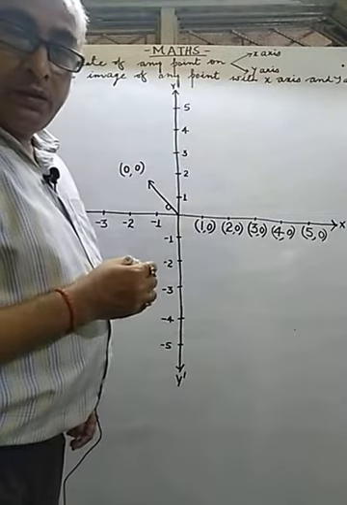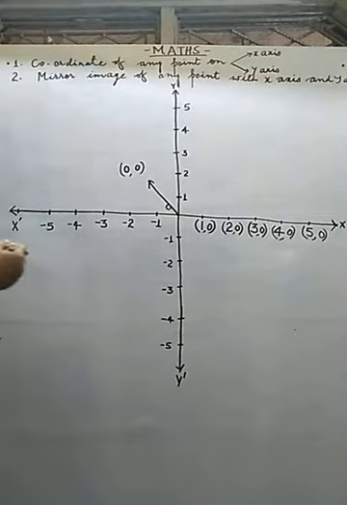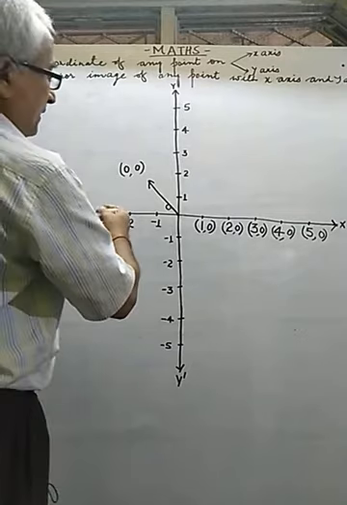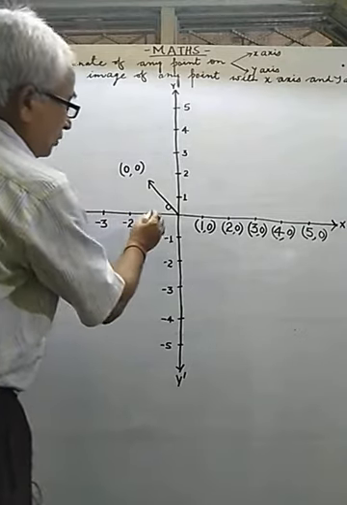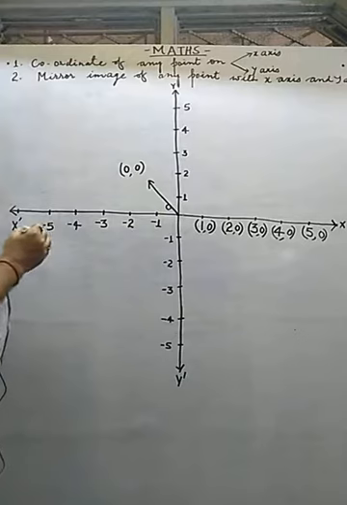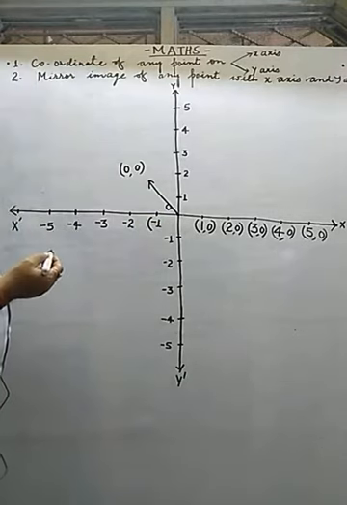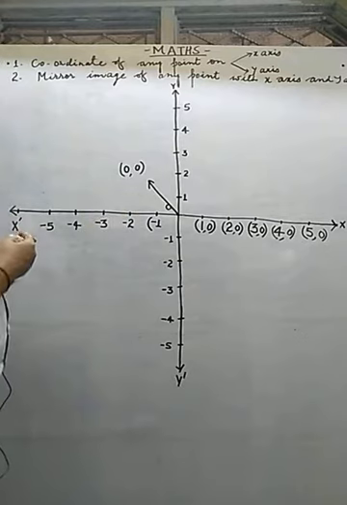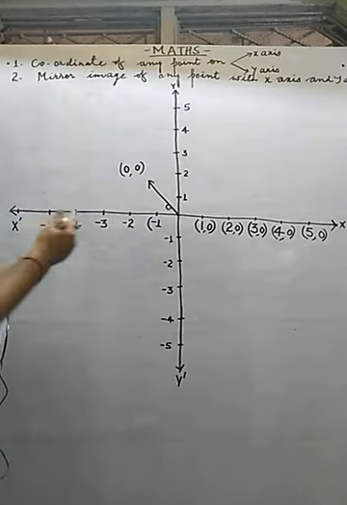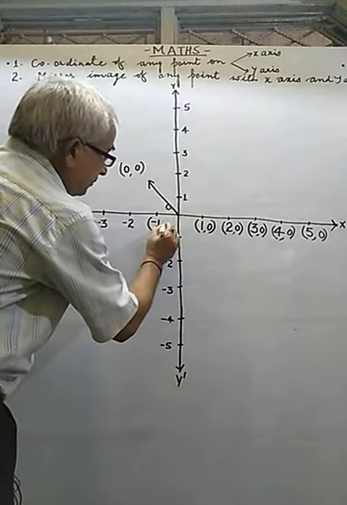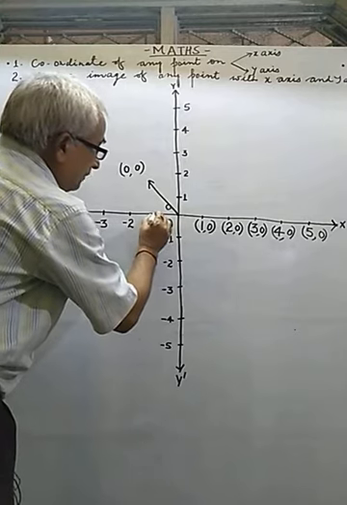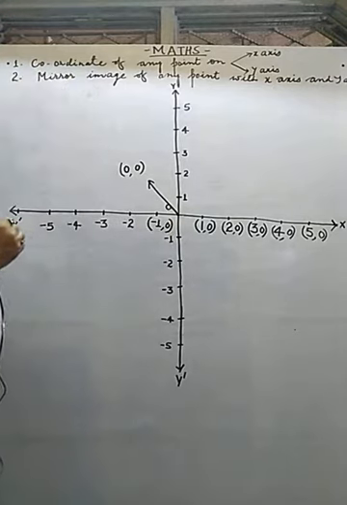Now come to the left of the y-axis. Coordinate of this point, abscissa is what? -1. And what is the value of ordinate on the x-axis? It will always be 0. So this one is (-1, 0). This is the coordinate of this point.